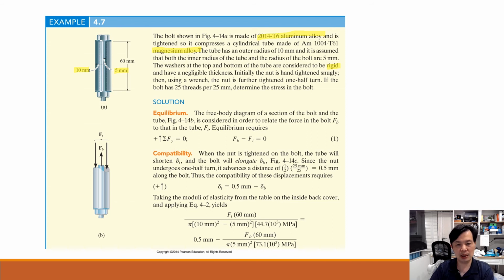Initially, the nut is hand-tightened snugly. This means you just hand-tighten it, with no significant deformation or compression coming from the setup at the beginning.